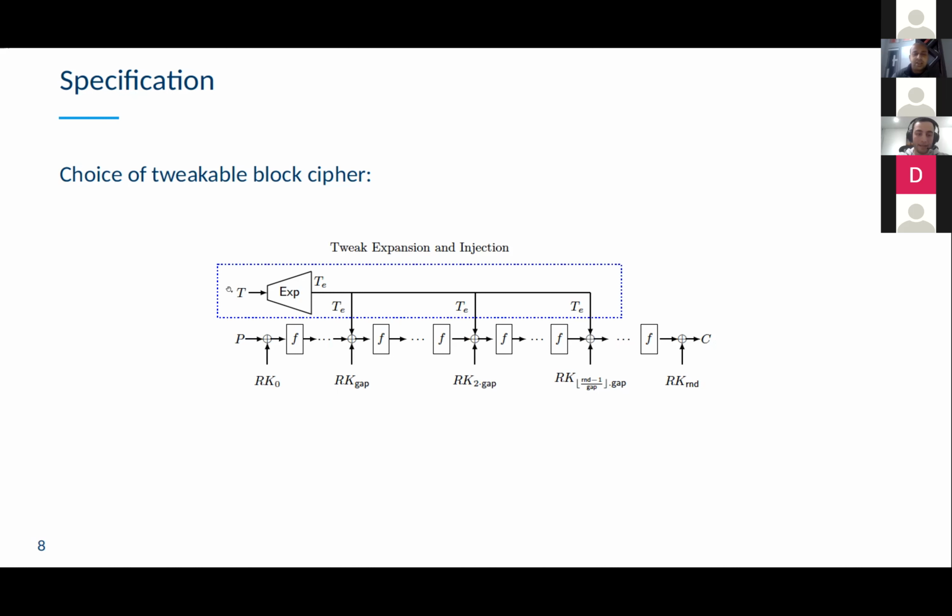They take a very short tweak, expand it with a high distance encoding to a larger tweak, and then inject this larger tweak into the block cipher state after every gap number of rounds. Overall, this is a framework that converts a block cipher to a tweakable block cipher. The lower part is the block cipher, and in the upper part we add a circuit to make it a tweakable block cipher.